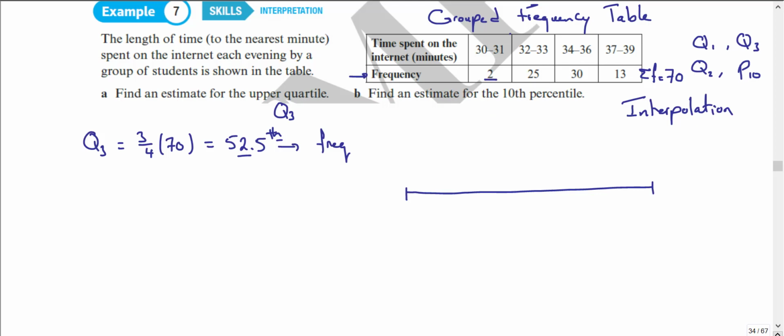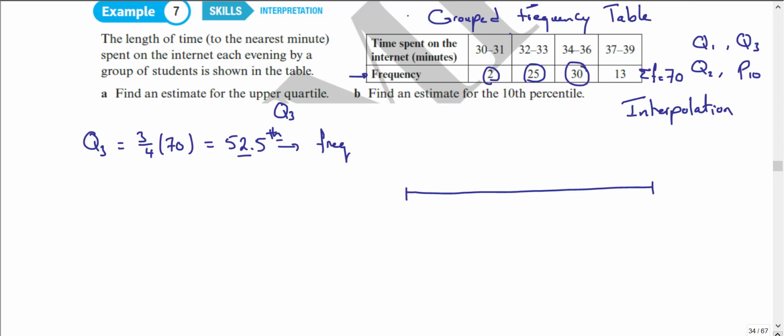Here you have 2. Add it to 25, what do you have? 2 plus 25 is 27. You're still far away from 52. Add 30: 30 plus 2 is 32. It will be 2 plus 25 plus 30, the three of them.